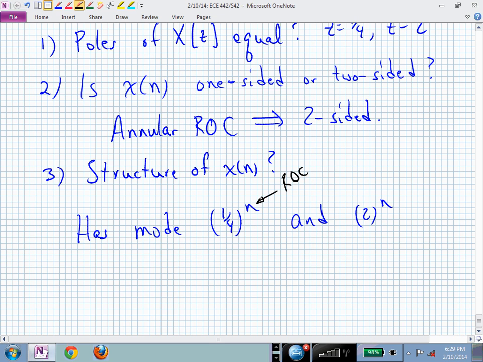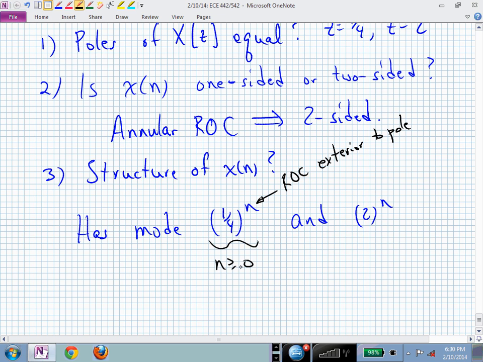It's exterior, isn't it? So that means this one must be associated with causal or non-negative values of n, a region of convergence exterior to the pole.